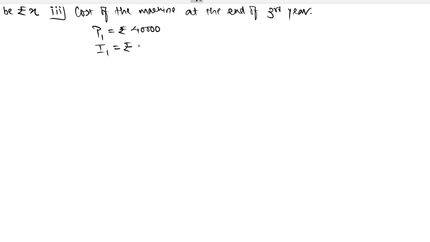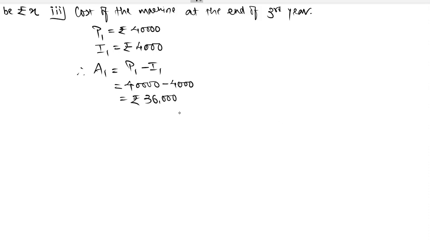The depreciation during 1st year is 4000, which is given in the question. Therefore, the depreciated value at the end of 1 year is equal to P1 minus I1. Why are we doing minus? Because this is a question of depreciation, that is reduction in price. 40,000 minus 4,000, that is rupees 36,000.